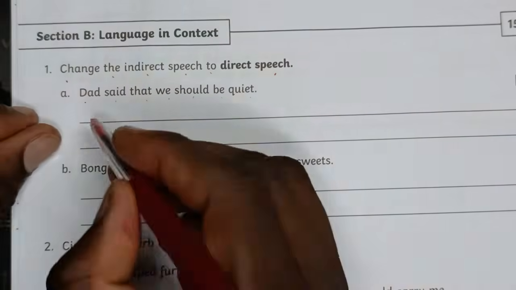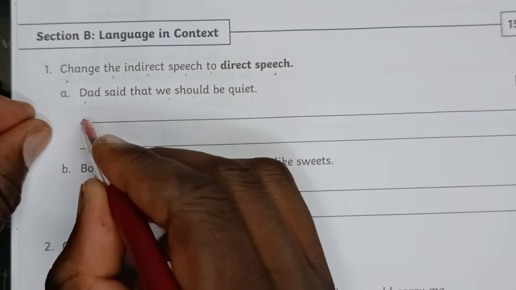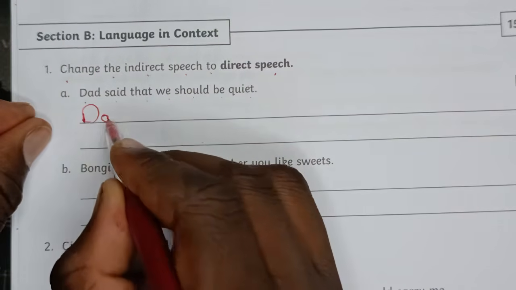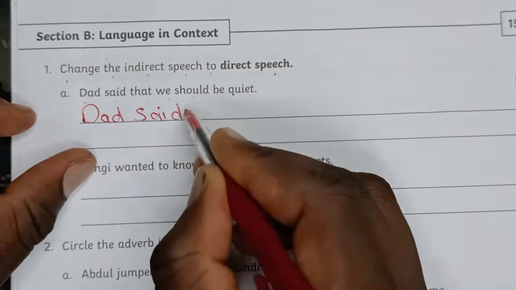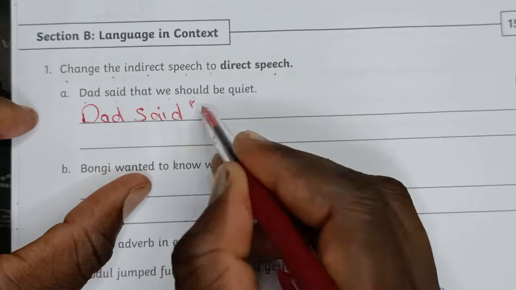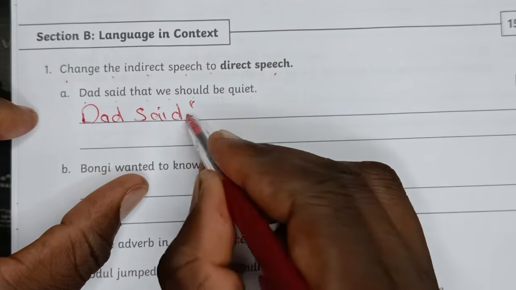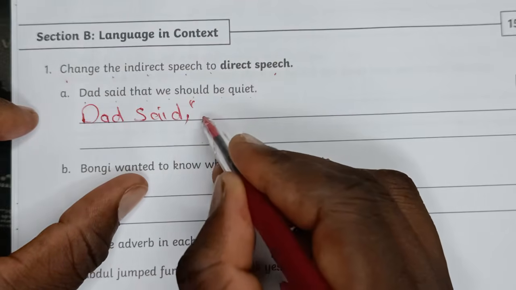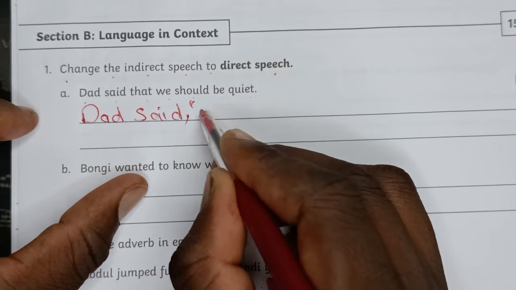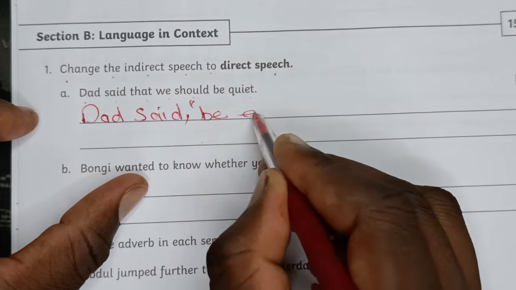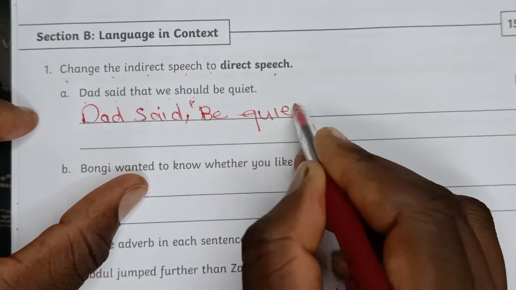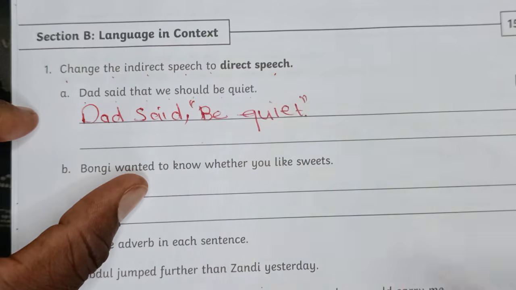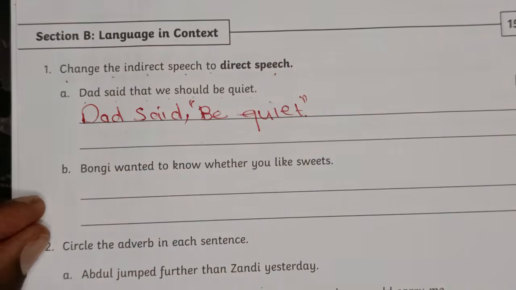When you want to write it as direct speech, you say Dad said, and then you put your quotation marks to show that you're quoting what he said. And what did he say? He said, be quiet. So that is direct speech.